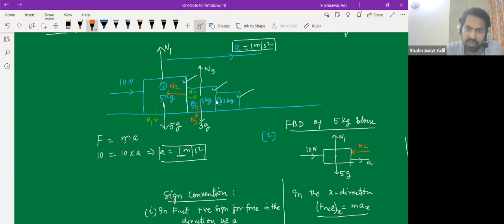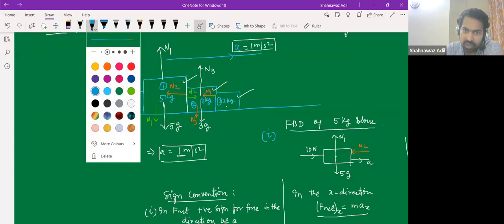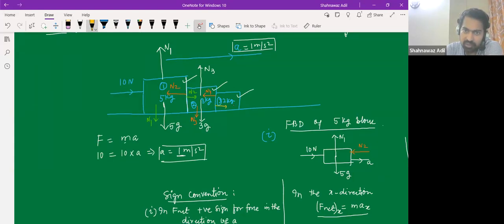Absolutely right. This 2 kg block is applying some normal reaction to this. Let's say this is N4. And this 3 kg block is also applying some normal reaction, which is N, right? And this has some acceleration.